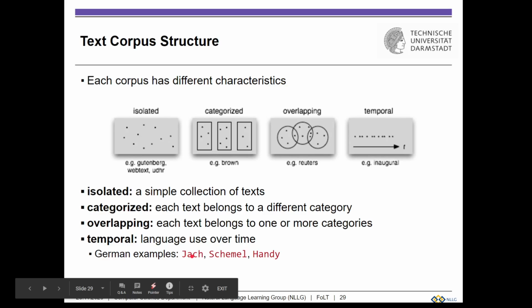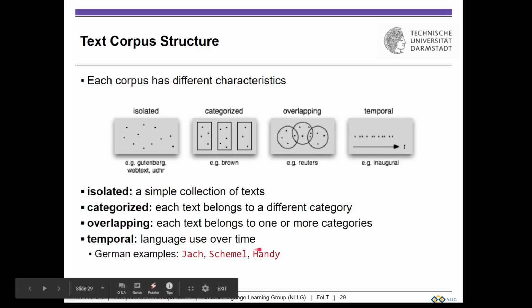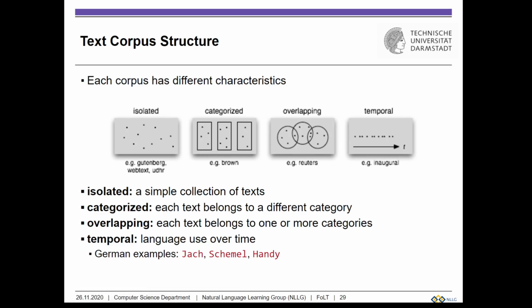That seems to be a really outdated word. Schema, this is still in my passive vocabulary as a German native speaker, but I would not use that actively anymore. Whereas the word handy has newly come into the German vocabulary in the last 20 to 30 years. So we have lexical changes over time.